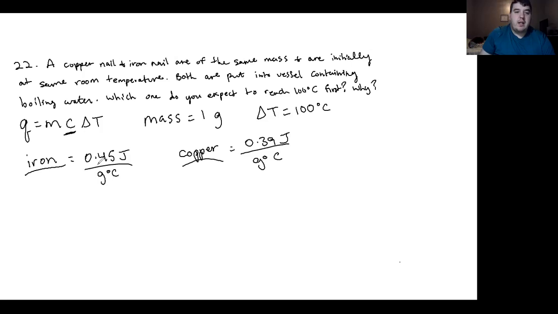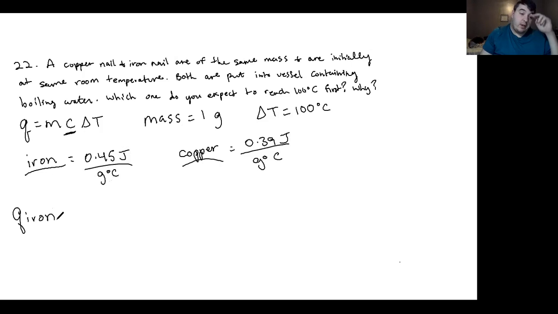One thing to keep in mind: from what I was looking at online, some sources said 0.448 or 0.444 for iron, and for copper 0.385 or 0.387. So I just rounded off a little, since they're relatively close to the values I saw. Now let's check Q of iron.